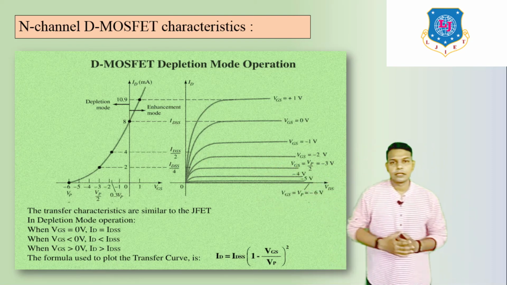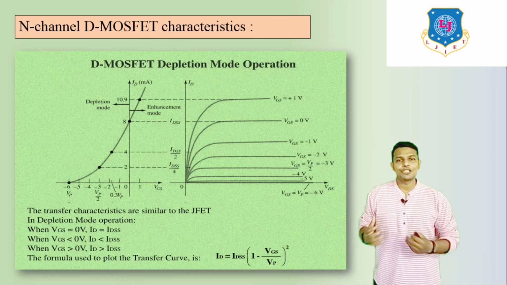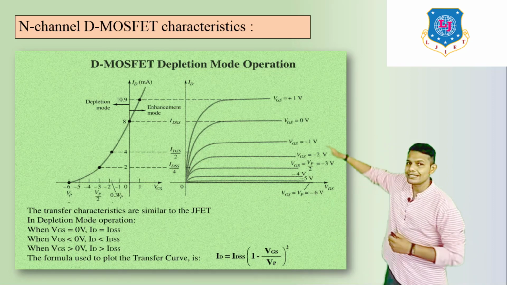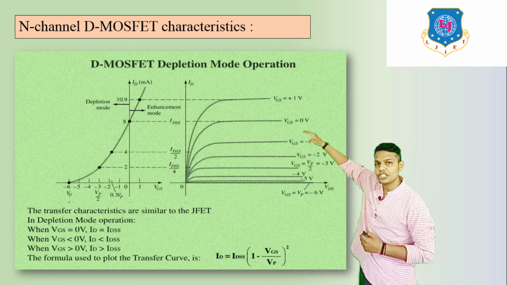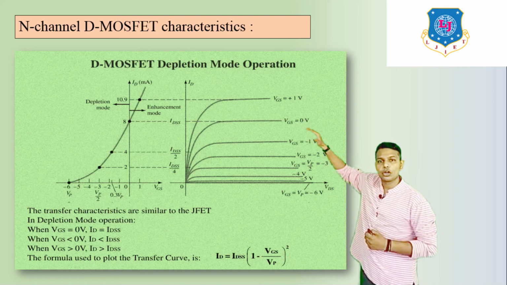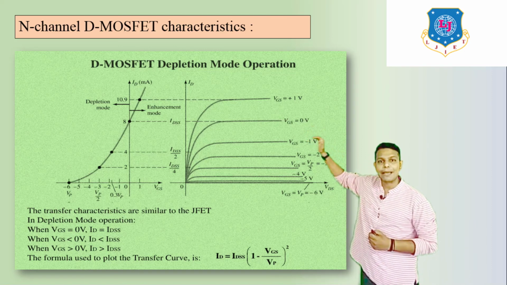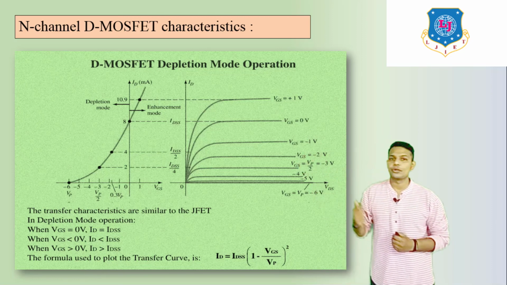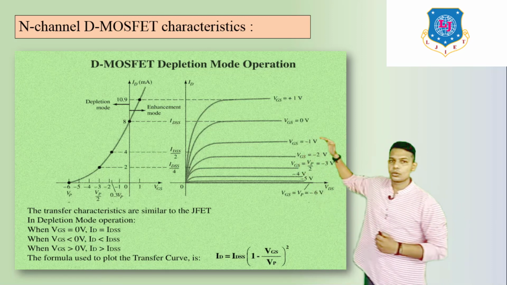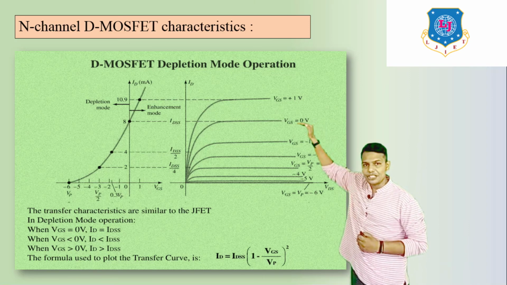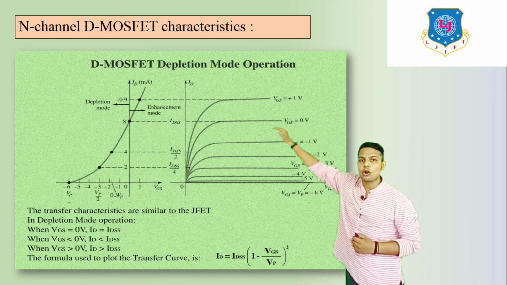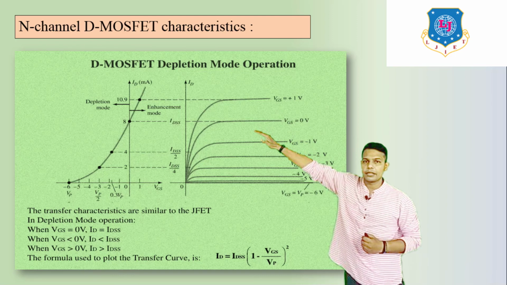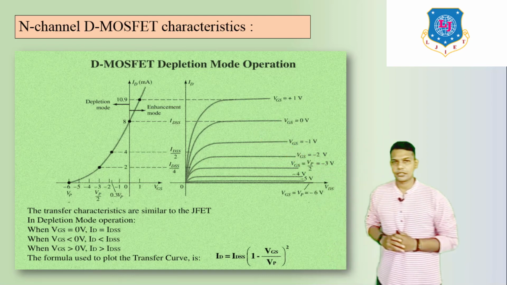So first, case number 1, we apply VGS is equal to 0. At this stage, VGS is equal to 0. At this time, your drain current is maximum, which is known as IDSS, drain to source saturation current. So due to VGS is equal to 0, you can plot drain current in the transfer characteristics.